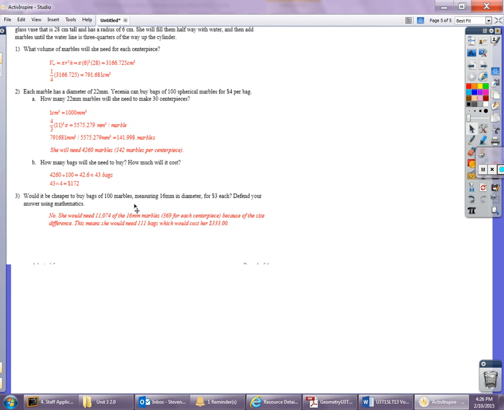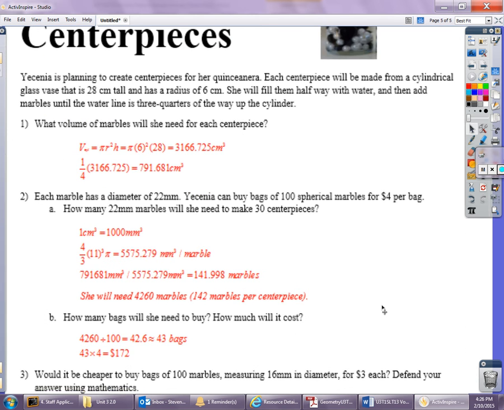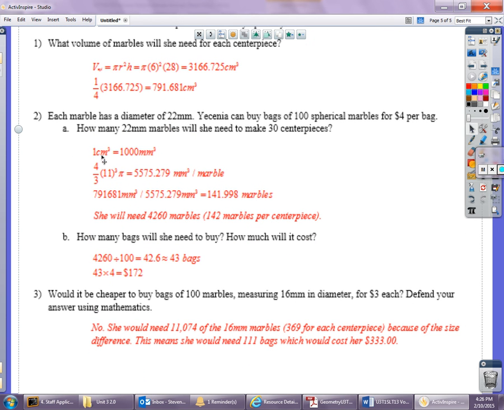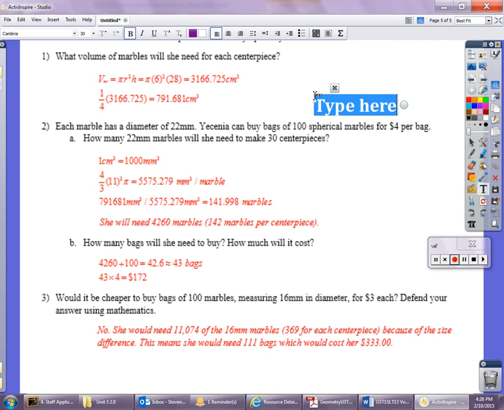Last one we pretty much did in class, but just a couple things to remember. If you are converting volumes, that's not the same as converting a centimeter into a millimeter. In 1 centimeter, there's actually 10 millimeters, but that's in just the length.